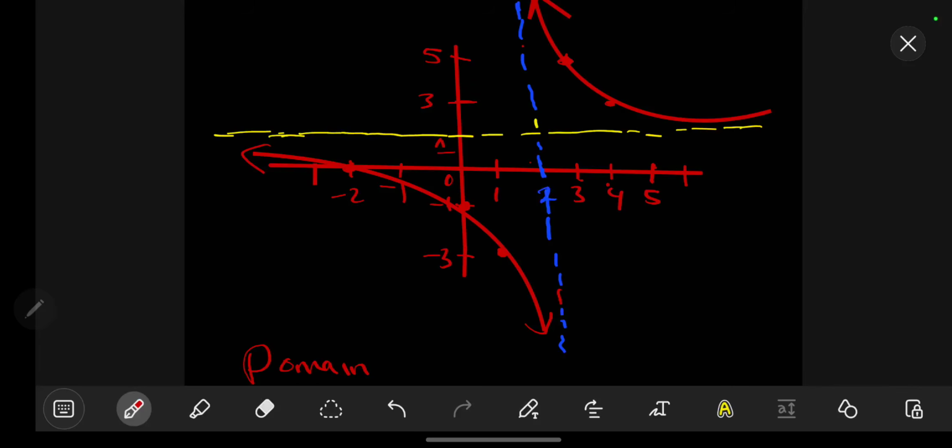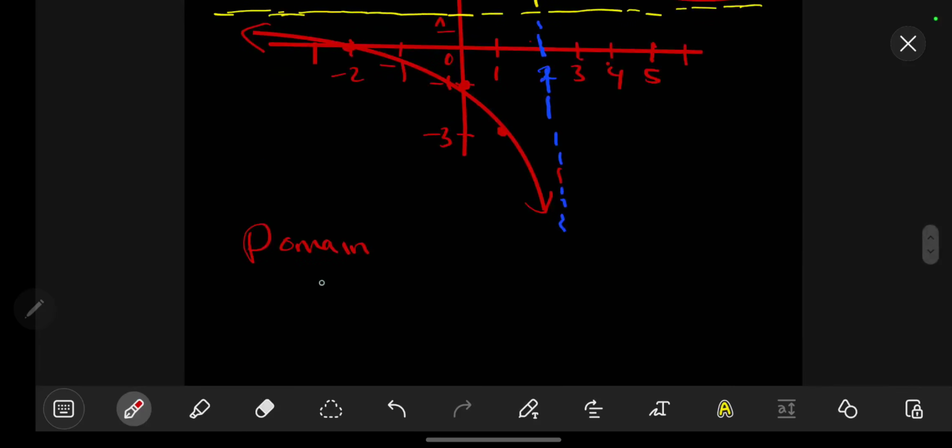So we are going to say that the domain is made up of x values such that x is a member of the real numbers, such that x is not equal to the 2 that is here. So x should not touch the 2.